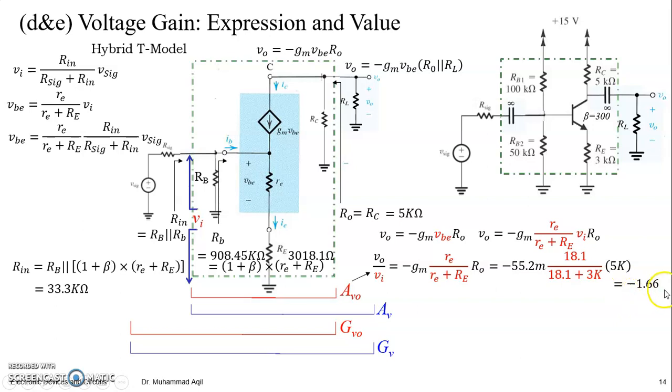It's very low as compared to our previous example, which was in hundreds, but now it's only 0.66. It's still amplifying, but 66% is amplifying.